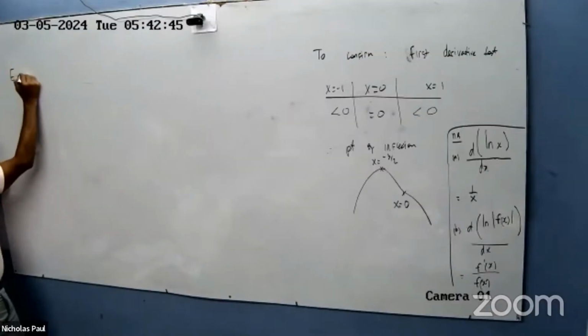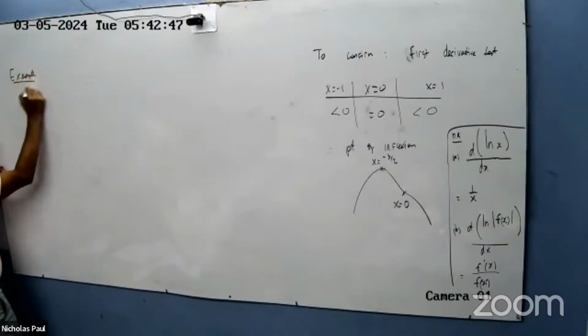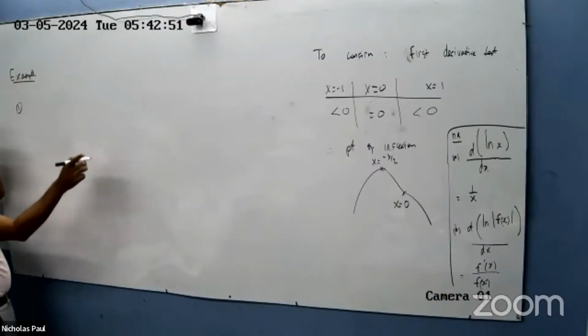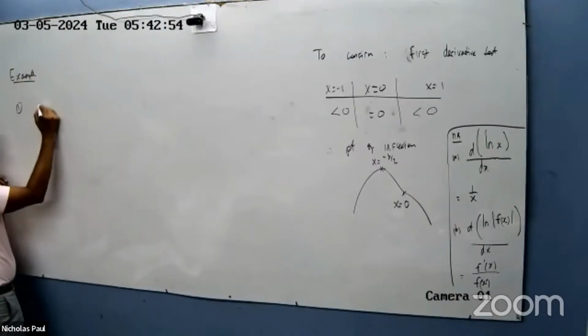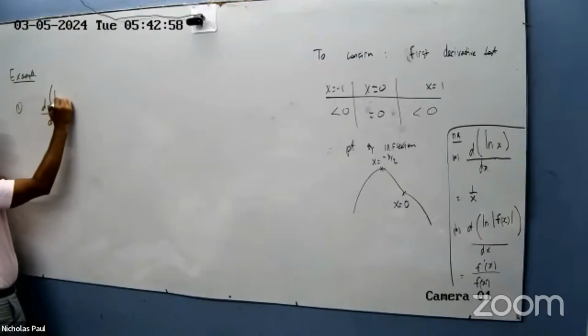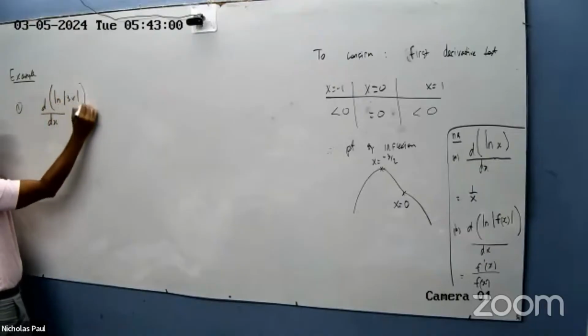Let's just do 3 examples. It's not a popular thing, but you see it in differential equations, and there are a few where you have to learn that. Please differentiate ln 3x.